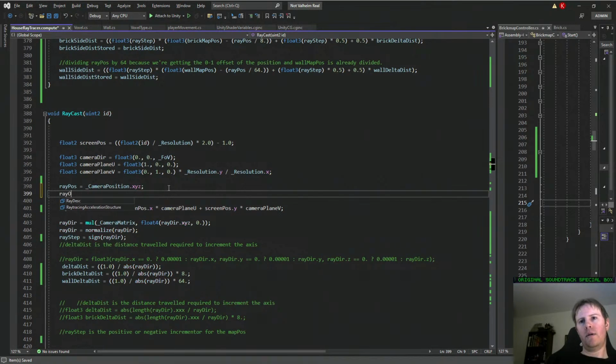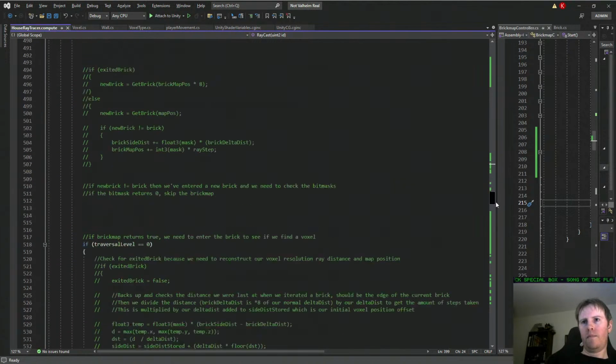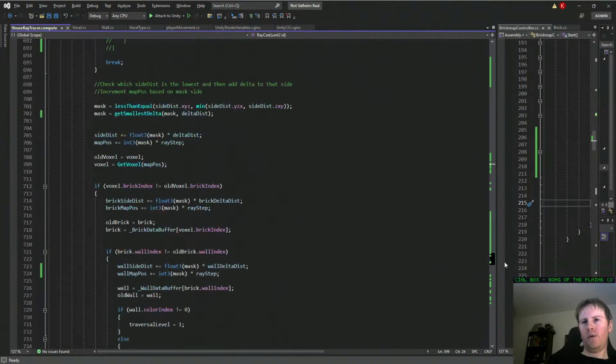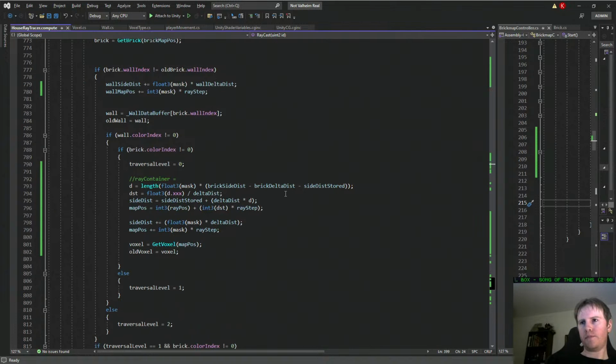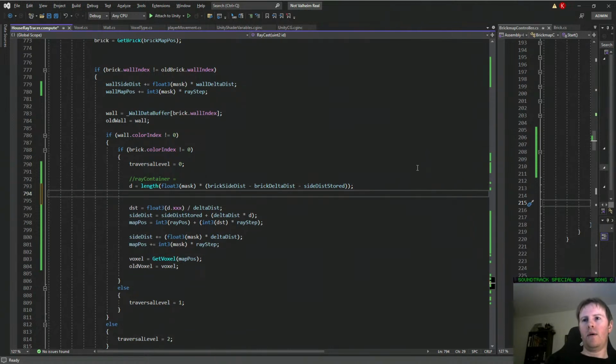Ray origin equals ray position. And then we go down here. So we get the D, and then we do ray position equals ray origin plus ray direction times D.